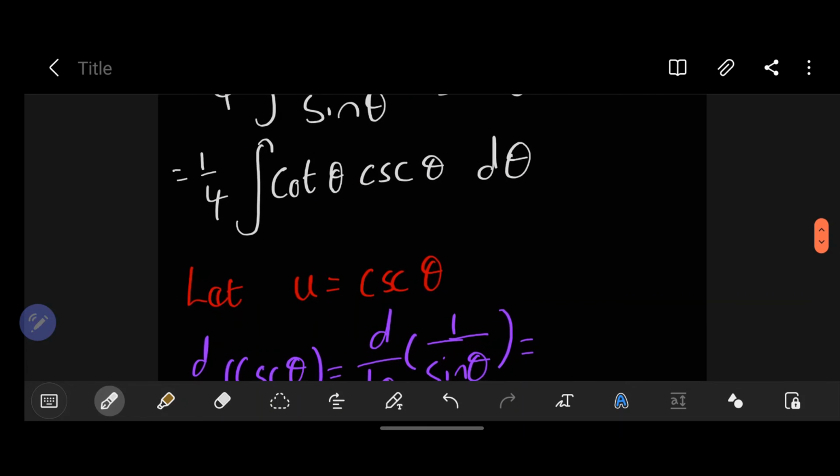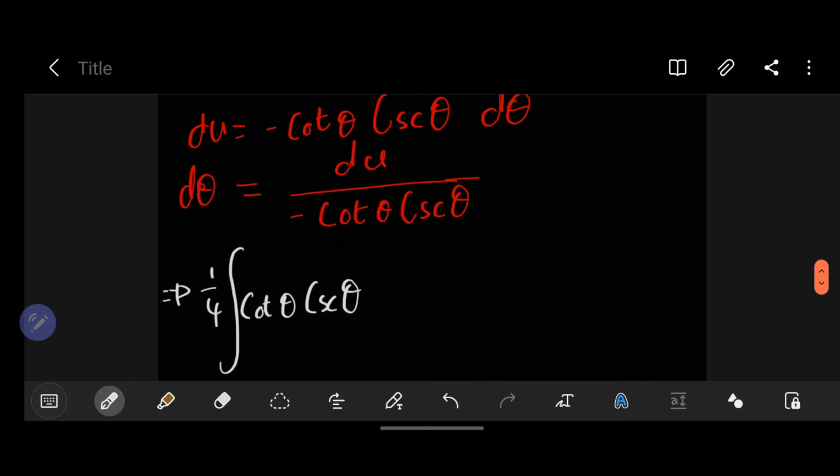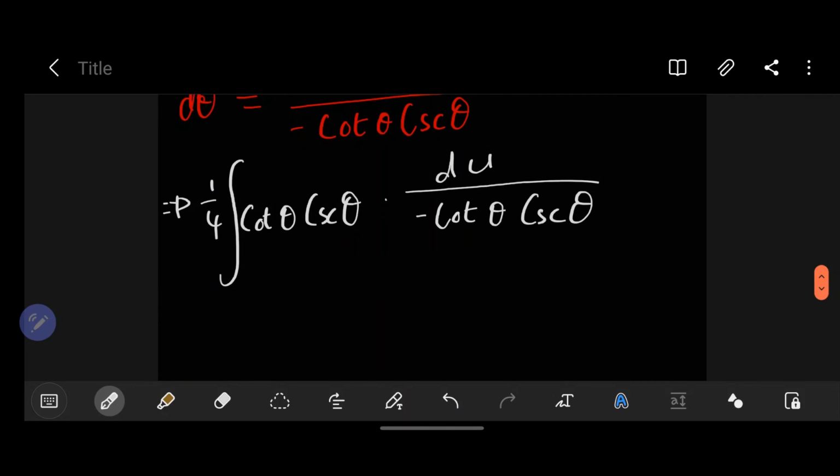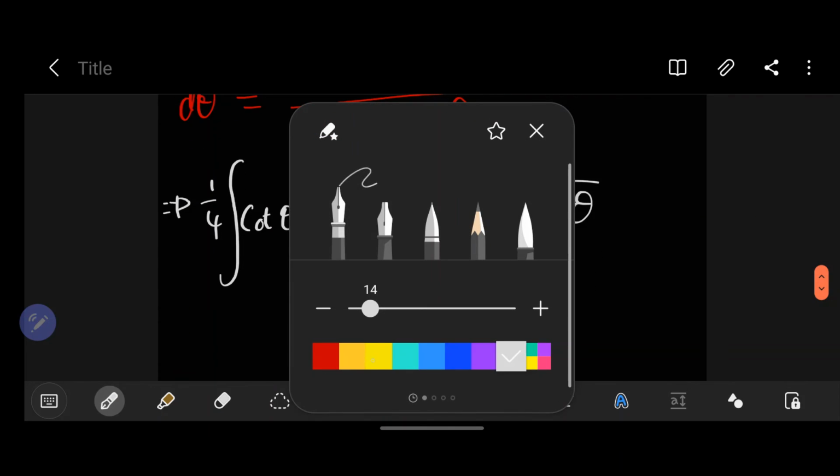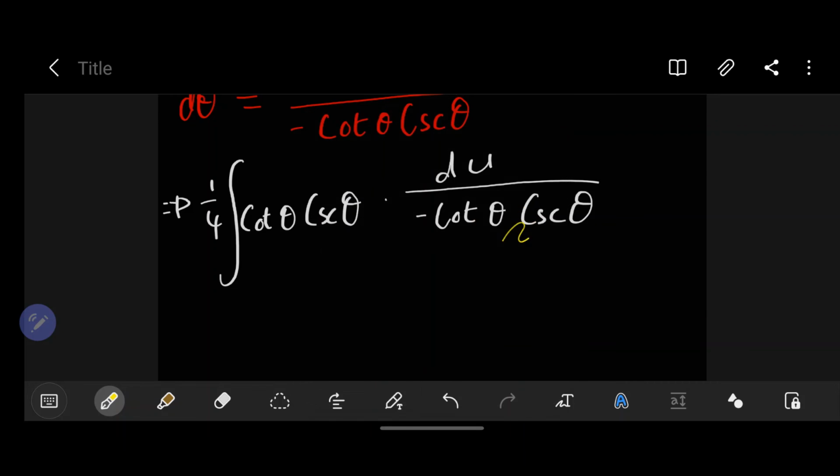So in place of d theta, I'm going to substitute this, which is du over negative cot theta cosec theta. Now you'll see that I can easily cancel out cot theta, and I'll move the minus sign to the front.